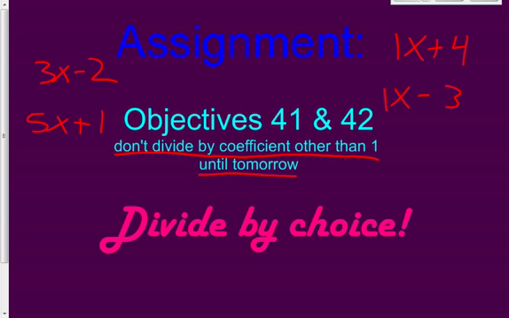Okay? I want you to save that until you've watched the video on how to do that, which is going to be synthetic division with coefficients other than 1. So just for now, do objectives 41 and 42, except skip all the ones that have your divisor as having a coefficient in front of the x other than 1. I hope that makes sense. Let me know if you have any questions.